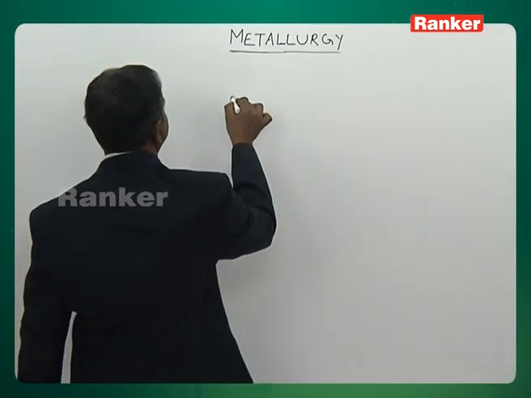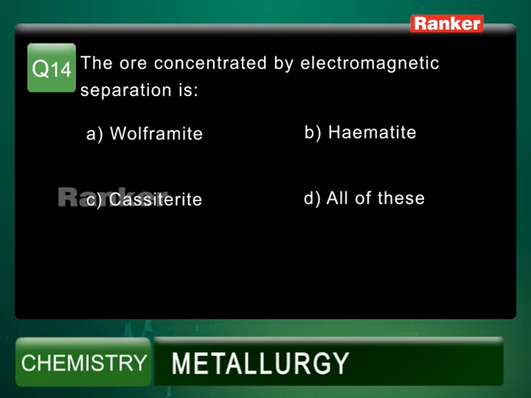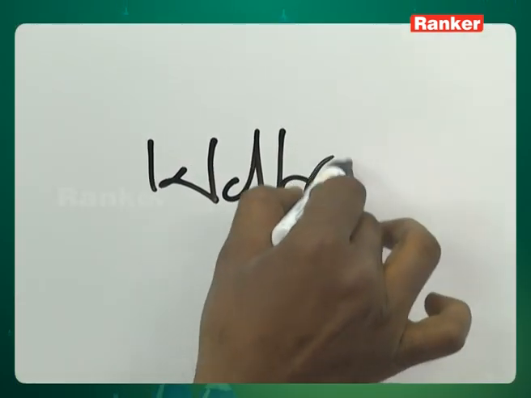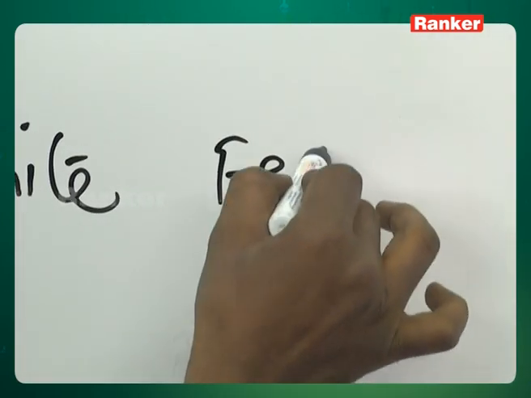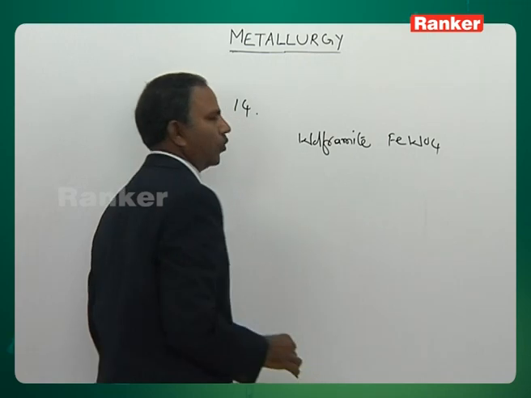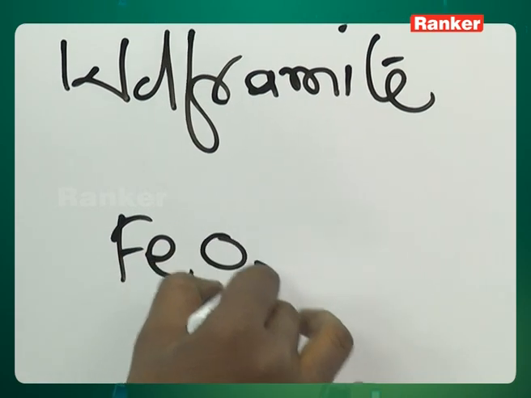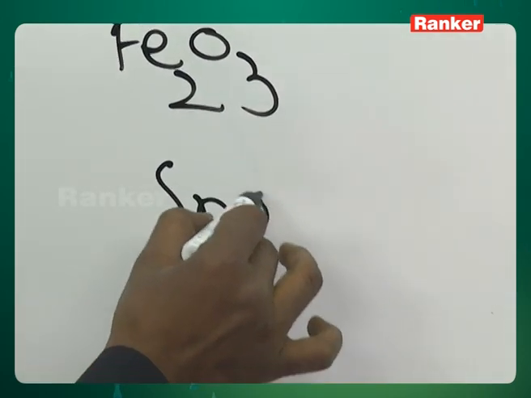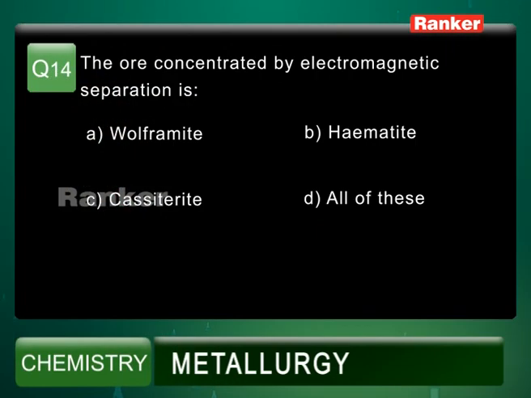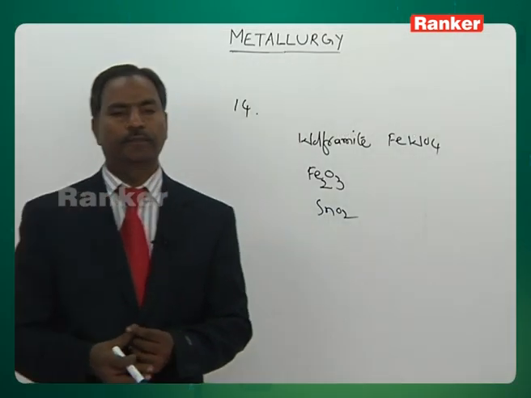Question number 14, the ore concentrated by electromagnetic separation. The ore separated by electromagnetic separation. A, wolframite, FeWO4, B, hematite, C, cassiterite, D, all of these.